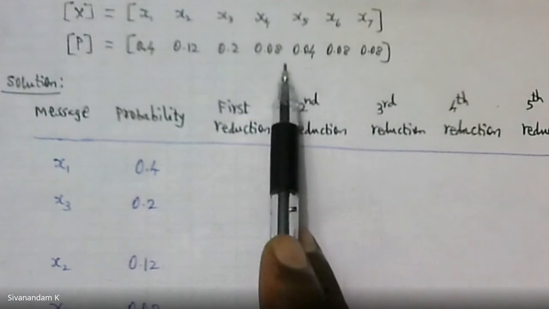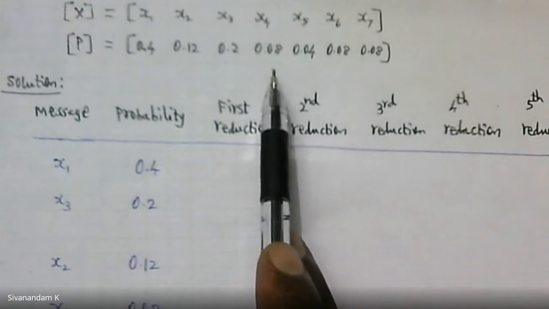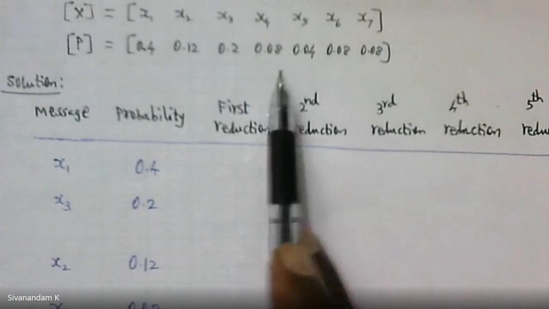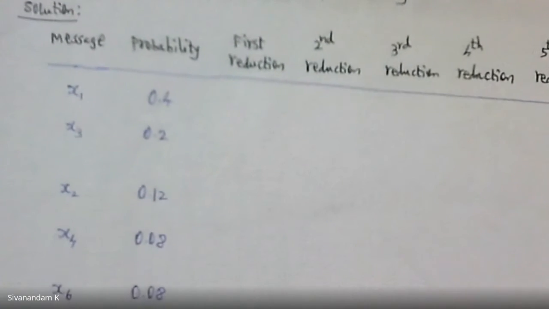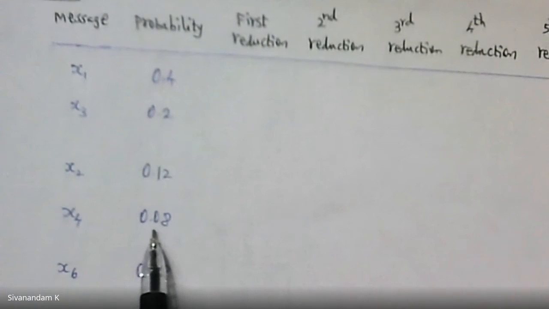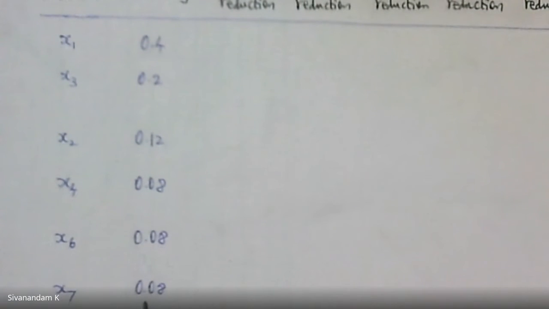Likewise, we need to list the messages in decreasing order: 0.08, 0.08, 0.08, finally 0.04. All these 7 messages are listed in decreasing order.